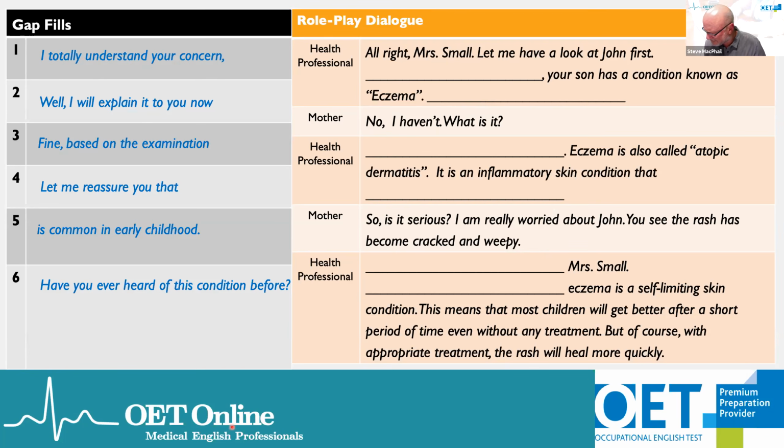Yep, Sayad's got it. Number 3, that's the beginning. So we've already taken the history, remember? We're just working on the explanation now. So, fine. Based on the examination, your son has a condition known as eczema. That's it.